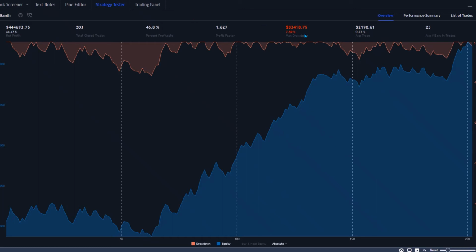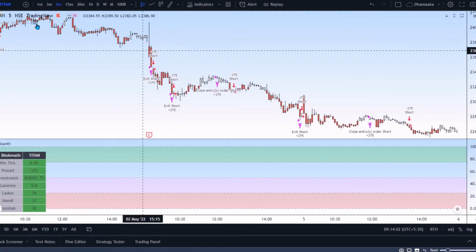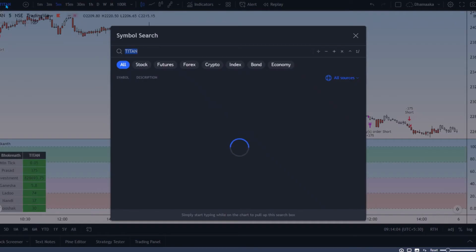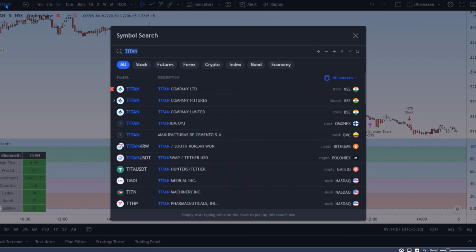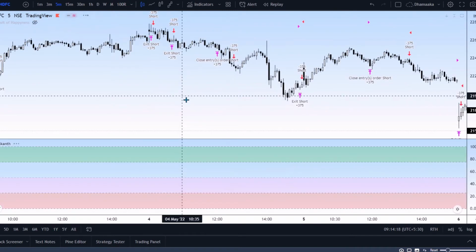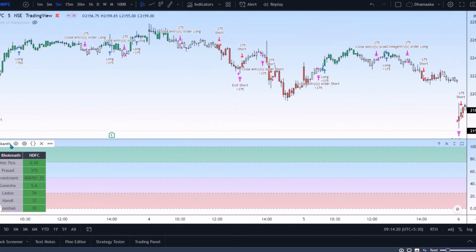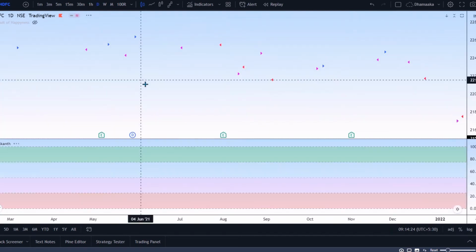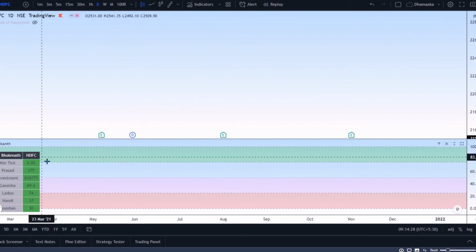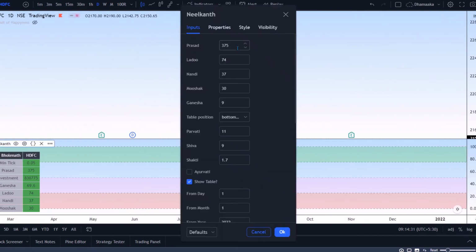We can see more examples. Let's see something like HDFC. So HDFC lot size I know is 300. We give 375.